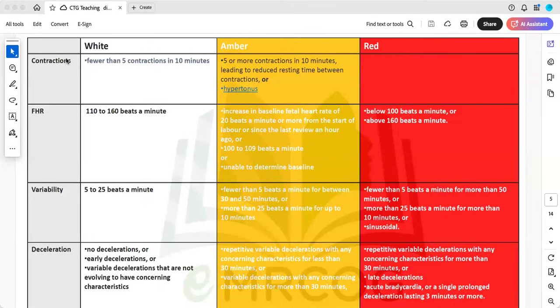What if the contractions are amber? Amber are non-reassuring contractions. But when I speak about the CTG, I will give the CTG a suspicious categorization. I will say this is a suspicious CTG. So when I want to describe a CTG, you need to know it's either a normal CTG, a suspicious CTG, or an abnormal CTG. Please remember the three categorizations of the CTG, because it can be an exam question.